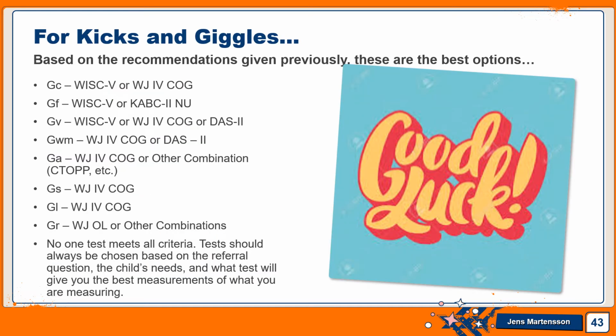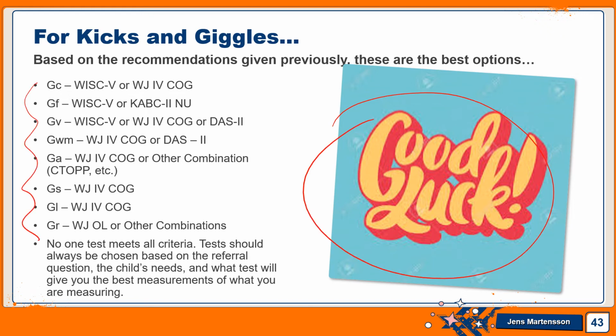So for kicks and giggles, here again, good luck. I've got kind of a whole, this is all of the tests. And as you can see, I just did this. These are the tests that met the recommendations in each area. But no test meets all the criteria.